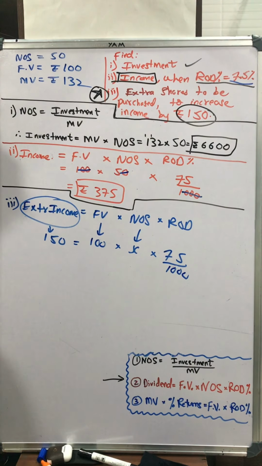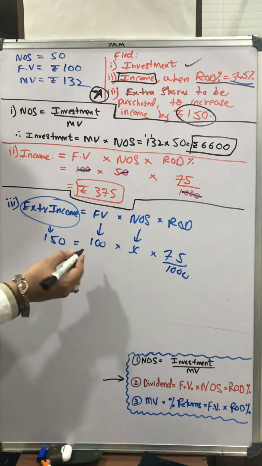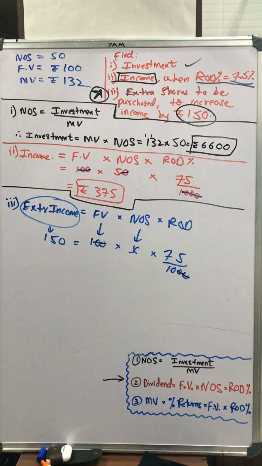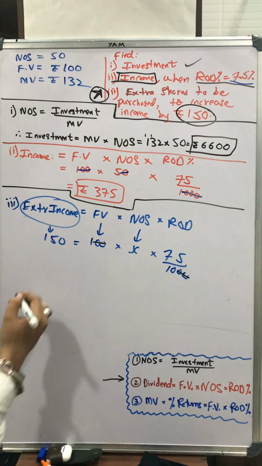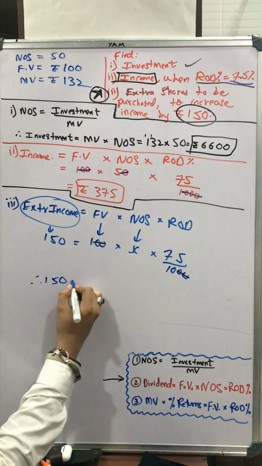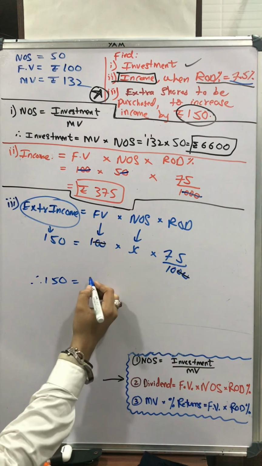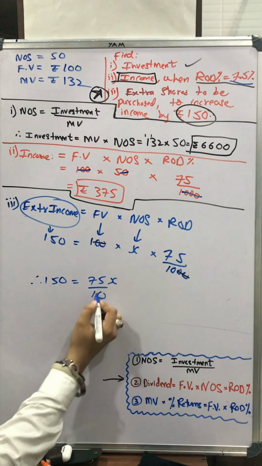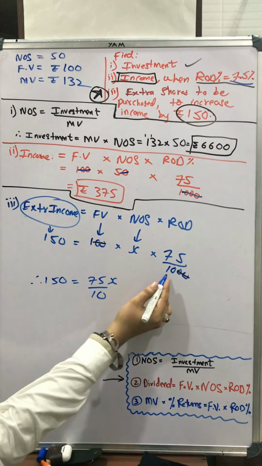Now how to do the calculation, students? Here 2 zeros and 2 zeros go off. So we are left with 150 equal to X multiplied with 75, so 75X upon 10, because only 1 zero is remaining.